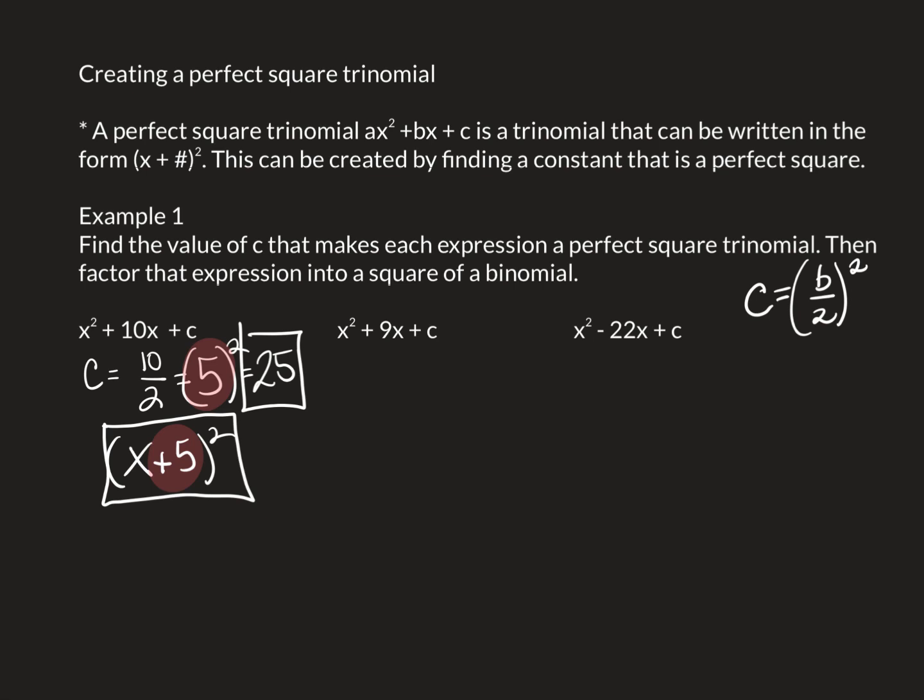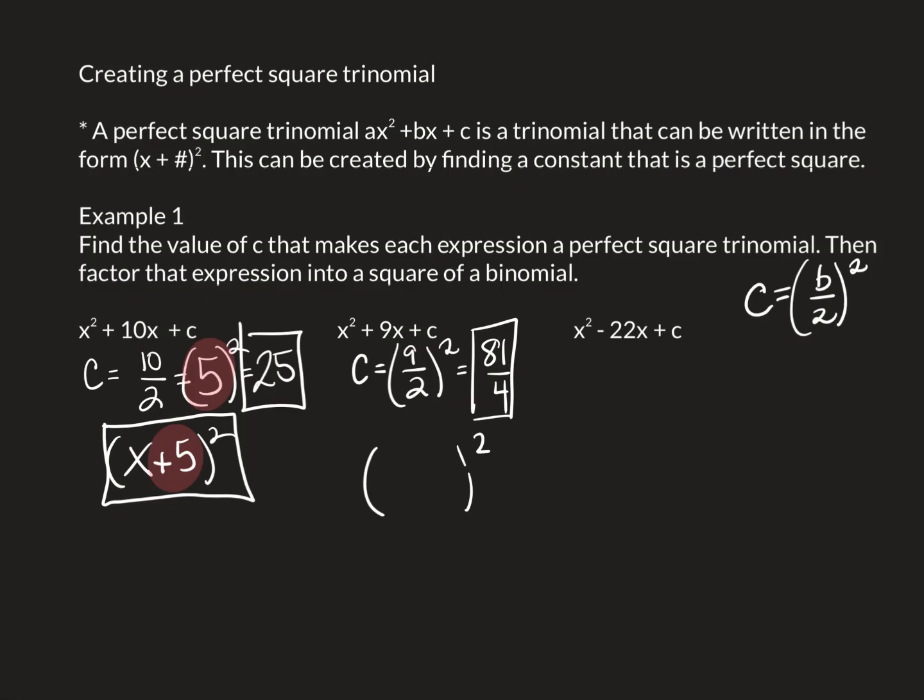Let's go on to the next one. To find your new c, you take your b value of 9 and divide by 2. We don't want decimals, we're going to leave it as an improper fraction. We're going to square that, and we'll get 81 over 4. That is your c value, 81 over 4. And then I'm going to rewrite that as a binomial squared.